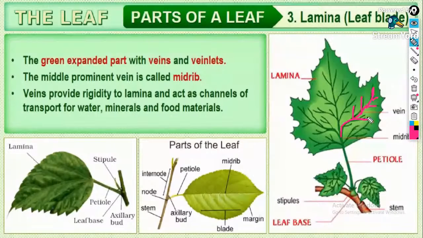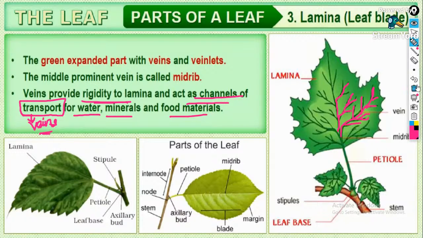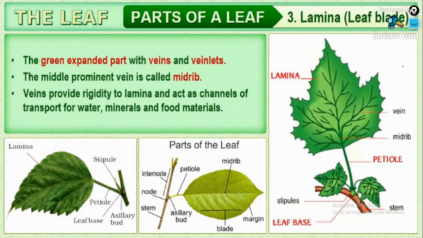Guys, veins in the human body are also for transportation, through veins, arteries, blood vessels, right? So in plants also veins are there, but not to carry blood. They provide rigidity to the lamina and act as channels for the transport of water, minerals and food material. This is a very important diagram.